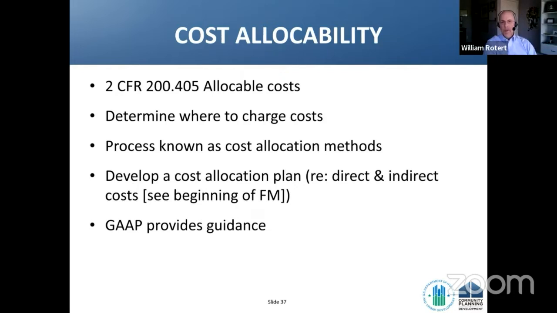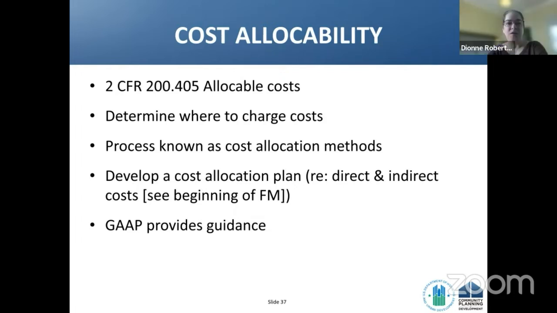Very good. Right. And Bill, I would just add one thing, because a lot of grantees focus on allocability from the perspective of their subrecipients and their partners.